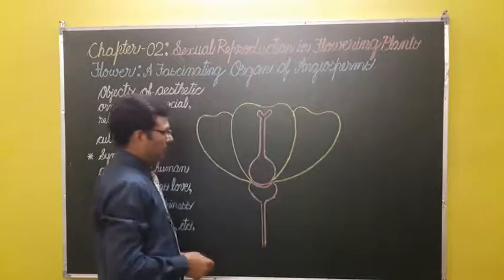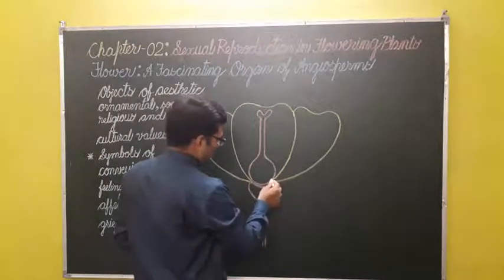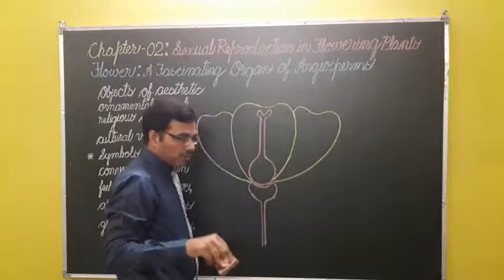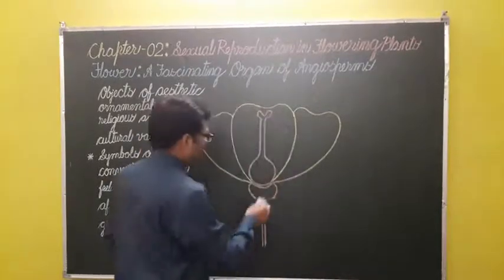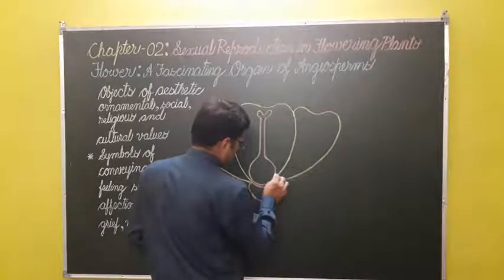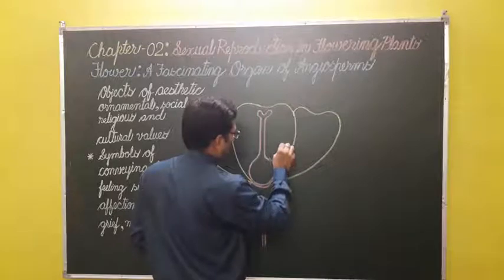Now this is the third whorl from the outside. I'm just going to draw. Collectively it is called androecium.